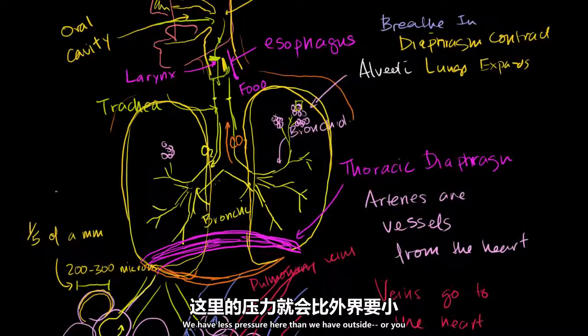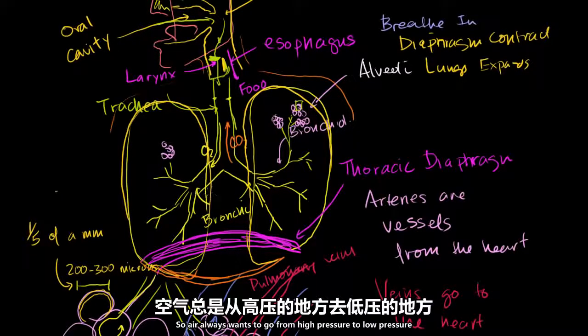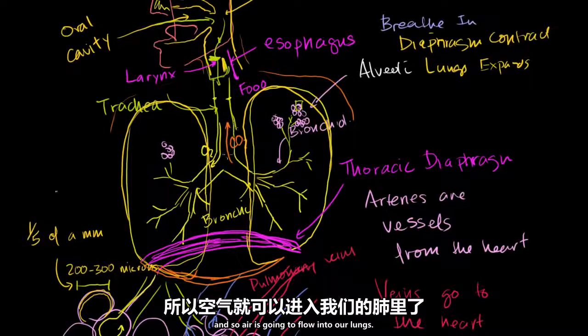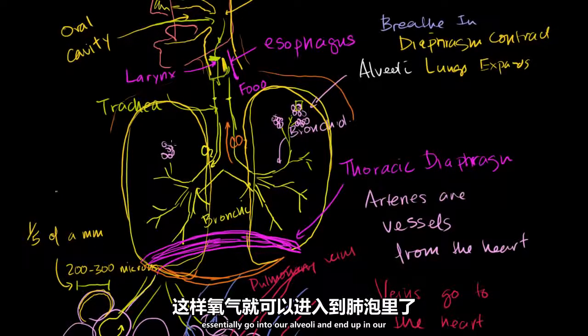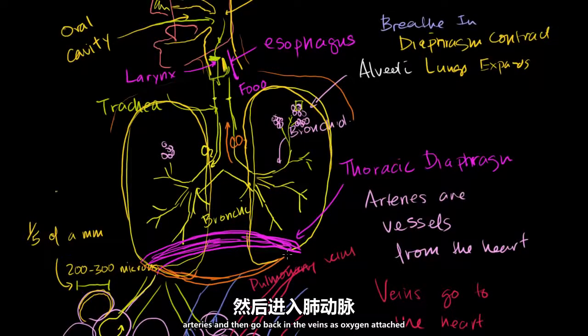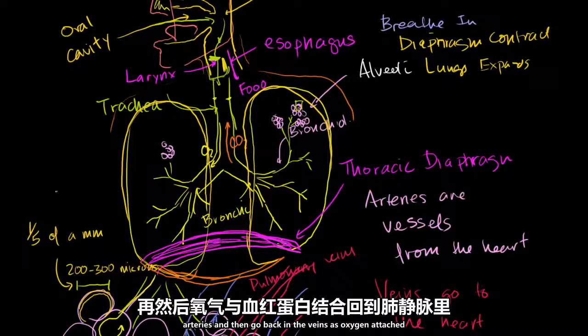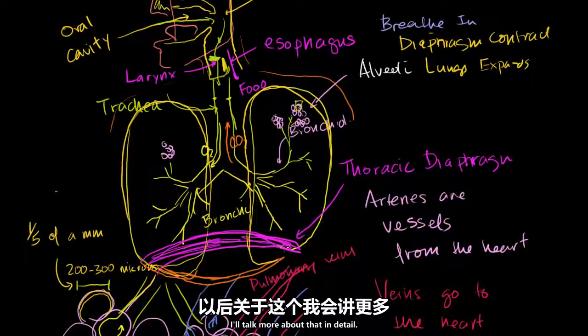We have less pressure here than we have outside, or you can view it as negative pressure. Air always wants to go from high pressure to low pressure, and so air is going to flow into our lungs. And hopefully there will be some oxygen there that can then go into our alveoli and end up in our arteries and then go back in the veins as oxygen attached to hemoglobin. I'll talk more about that in detail.